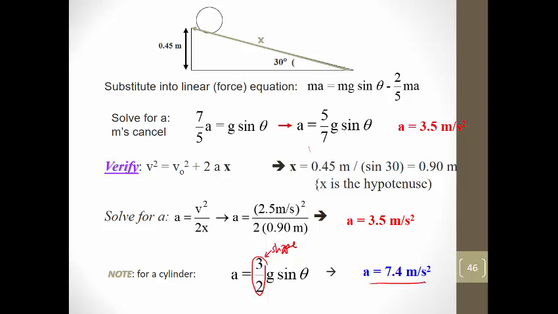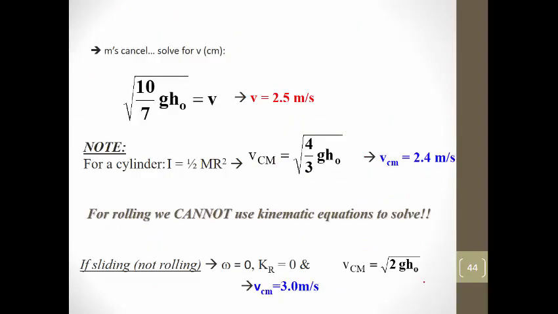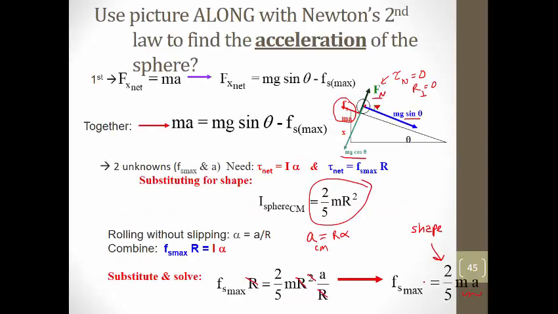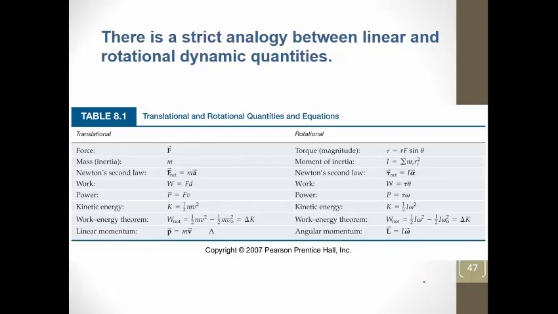I could verify that also by applying a kinematic equation, because I know that for a cylinder at the bottom of the incline, using conservation of energy for rolling, I have a velocity of the center of mass of 2.4 meters per second. So I can again verify the same thing.